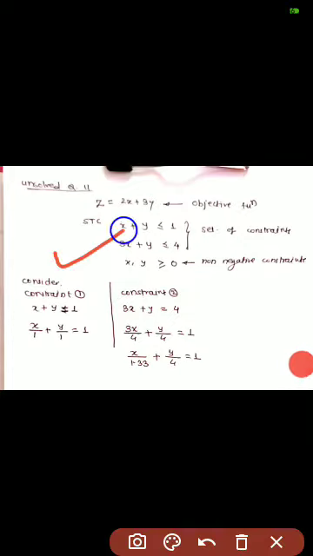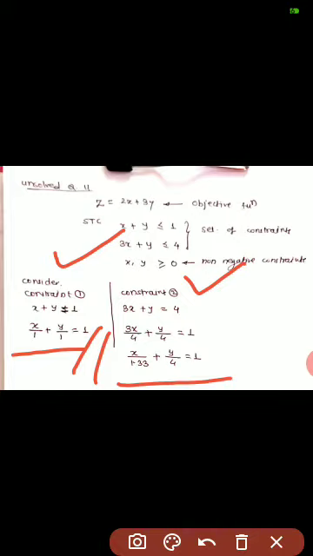See, for constraint 1 it is x plus y is equal to 1, but as I already told you, on the right hand side we have to keep 1. So after simplification we will have x by 1 plus y by 1 is equal to 1. Do it for constraint 2, that is 3x plus y is equal to 4, and after simplification we will have x by 1.33 plus y by 4 is equal to 1.